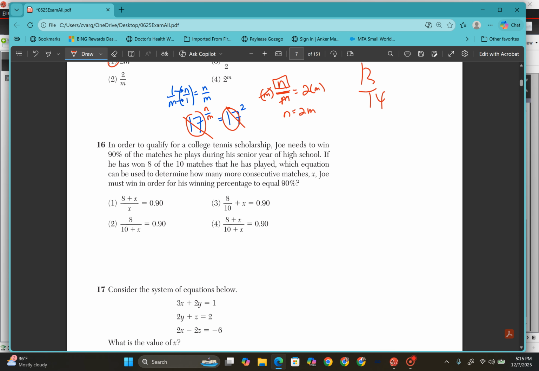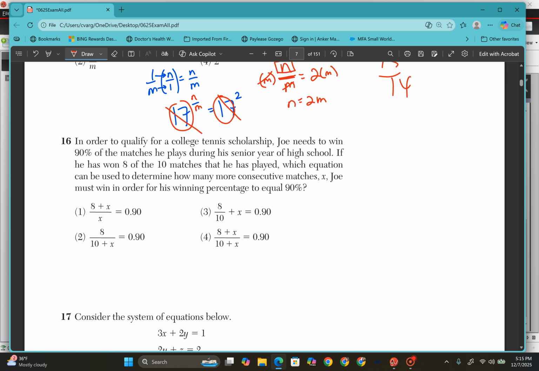This is also another one. Technically, you could do this. Once you read the question, it says he's won 8 out of the 10 matches that he has played. Which equation can be used to determine how many more consecutive matches, X, he must win in order for his winning percentage to equal 90%?